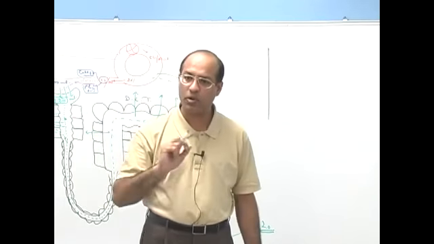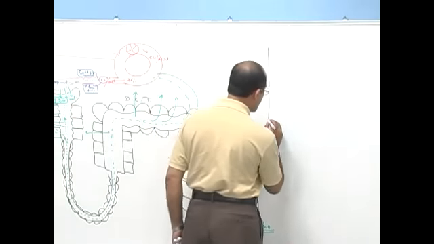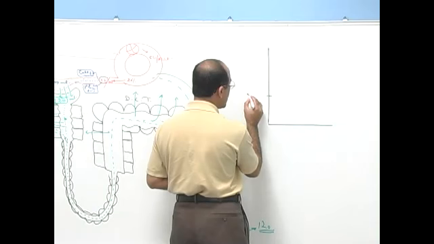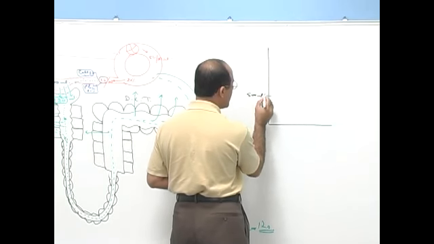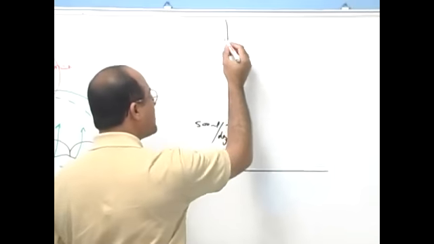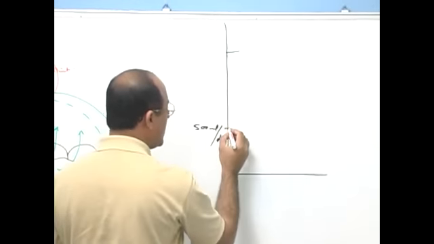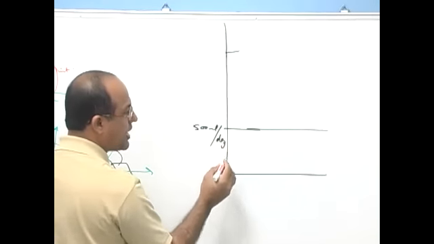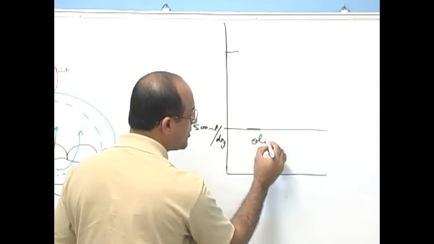The minimum urine output which a normal person should have is about 500 ml per day. This is the minimum. And maximum, you may have any amount, but still, when urine output is less than 500 ml, we say there is oliguria.